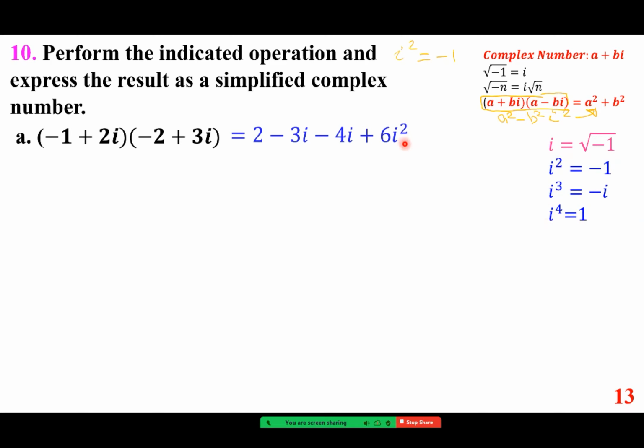And therefore i squared, as I mentioned here, you replace it with negative 1, so this whole thing becomes minus 6. So 2 and minus 6, they add up to negative 4. These two add up to negative 7i, and we are done.